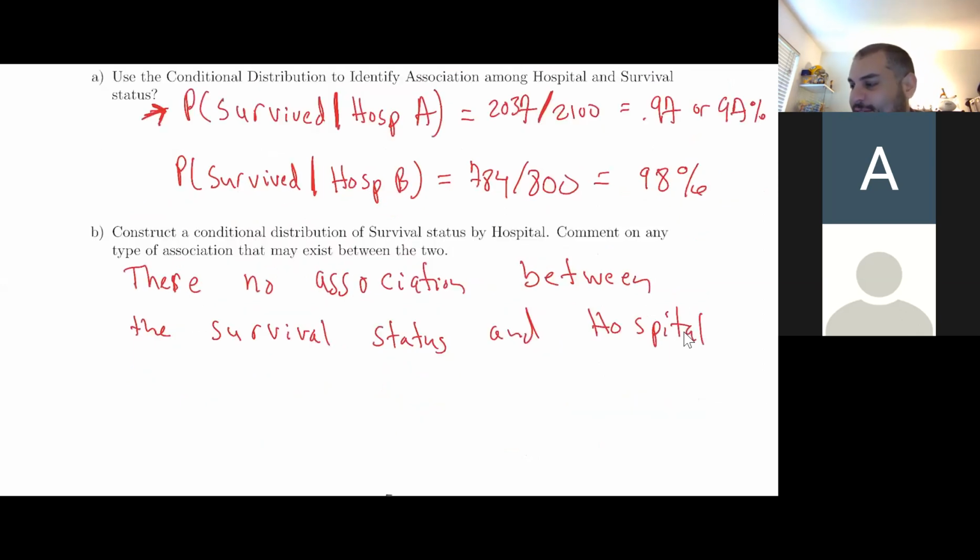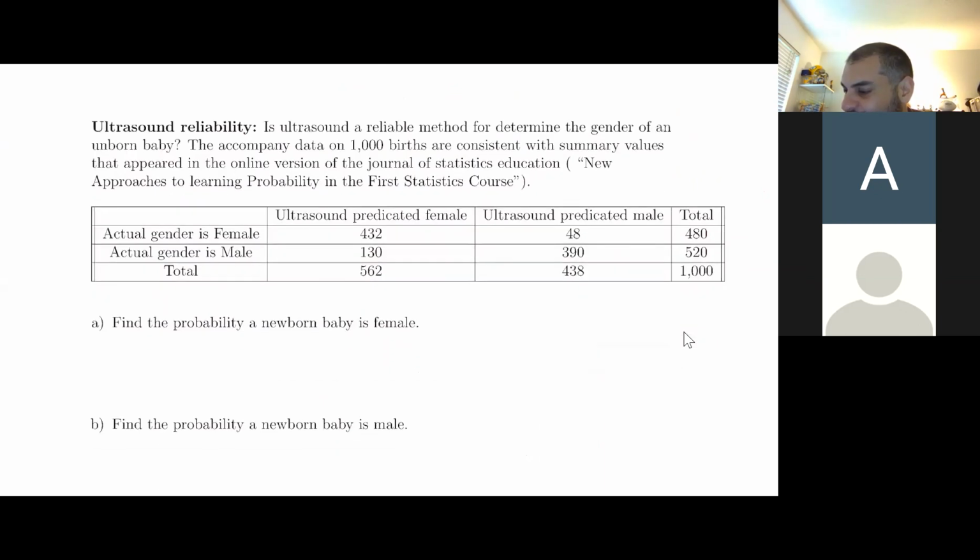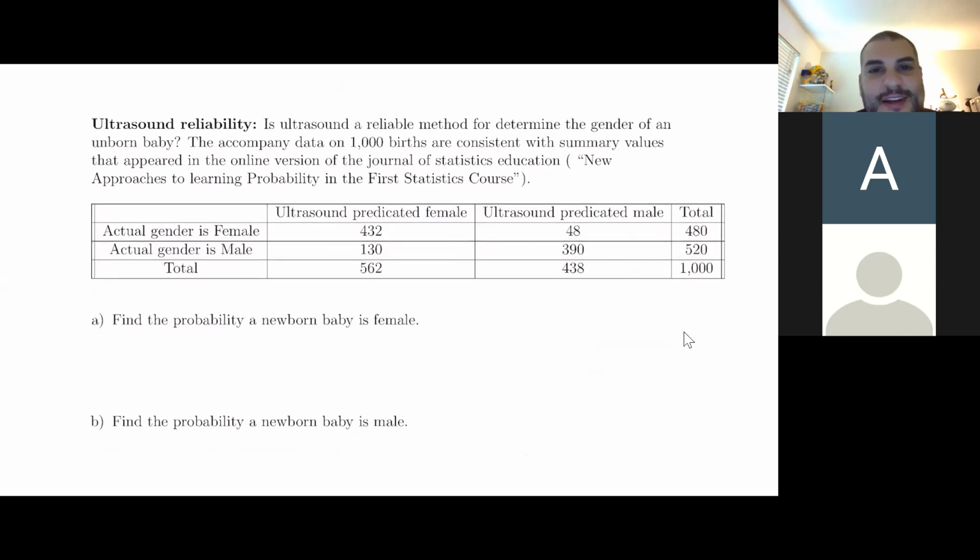All right, so let's scroll on down and do this next problem. This problem had nothing to do with death, so it should be a good problem. What we have is the ultrasound prediction, and also what the baby actually turned out to be.